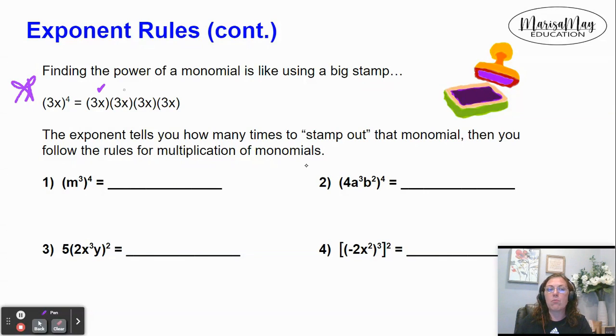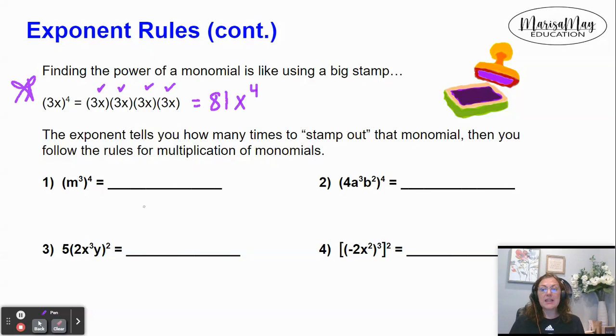So you can see I have 1, 2, 3, 4. I've written it out 4 times. Now I can easily see the multiplication. 3 times 3 is 9, times 3 again, 27, times 3 again, 81. And then look, I have x times x times x times x. That's 4 x's being multiplied together.